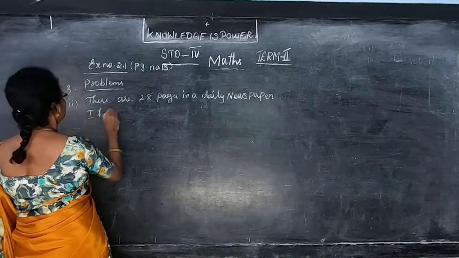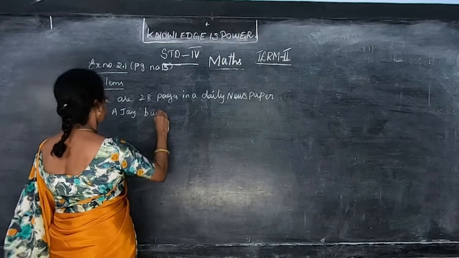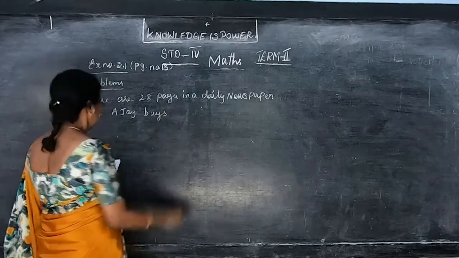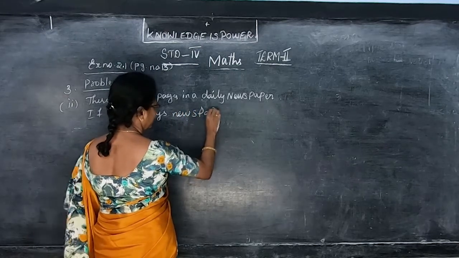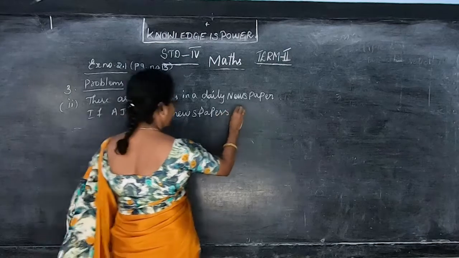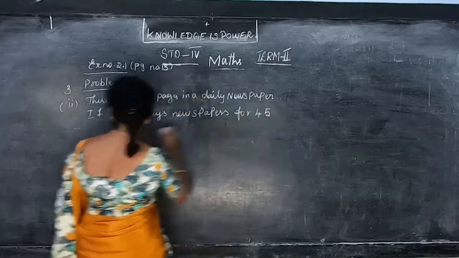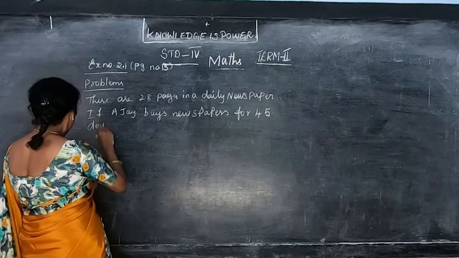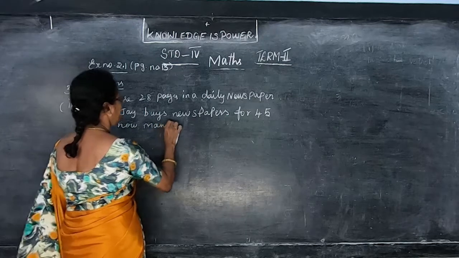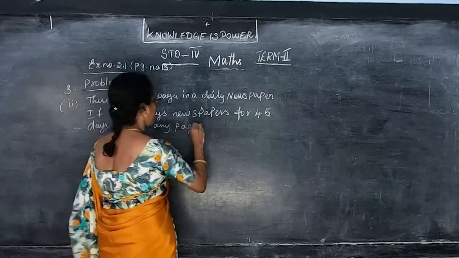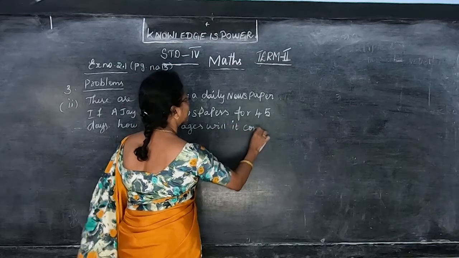If Ajay buys newspapers for 45 days, how many pages will it contain? How many pages will it contain?